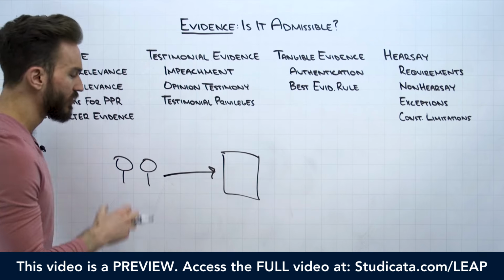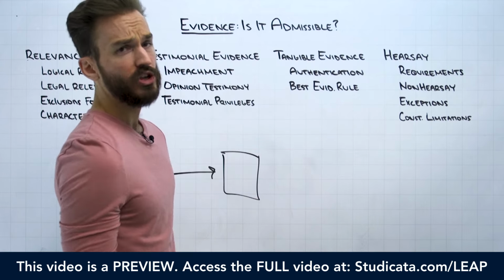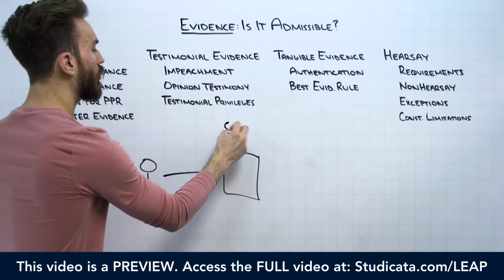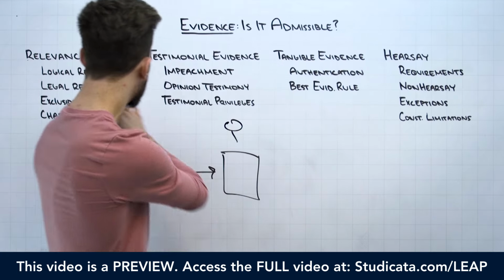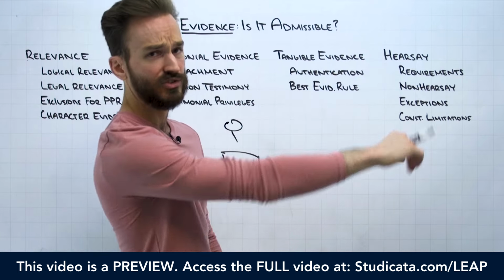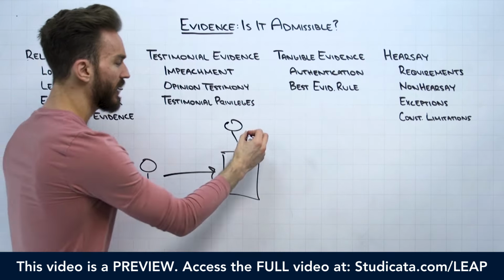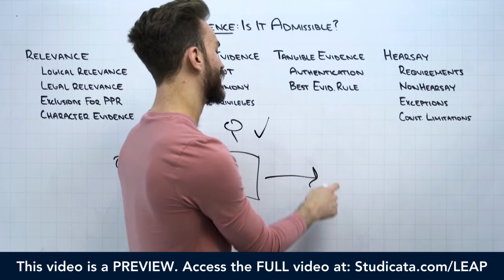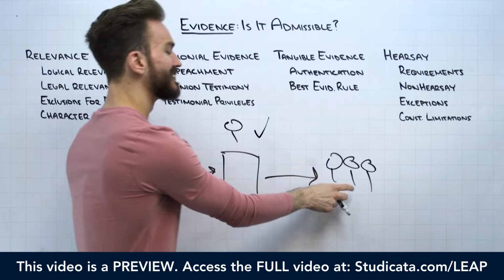And so from there, if the parties come forward and present evidence, before the jury can hear that evidence, the judge is going to look at the evidence and make sure that it actually can cross all of the hurdles it needs to cross to be admissible. If the judge gives the okay, then the evidence gets presented in court, and the jury can consider the evidence.